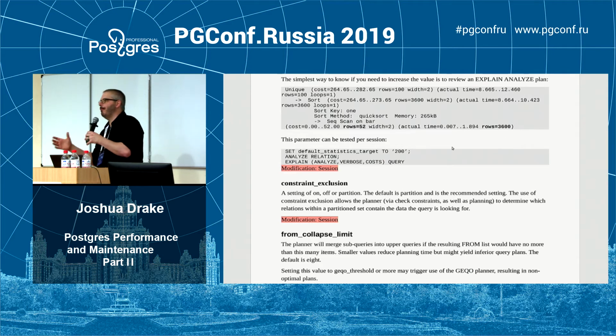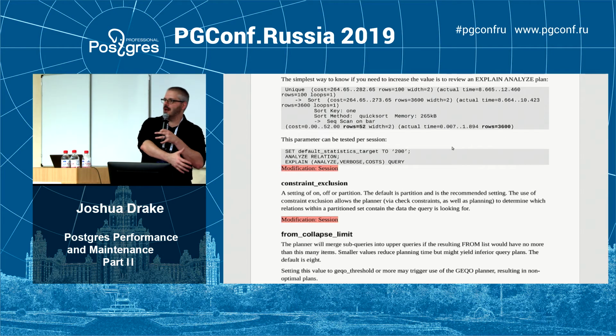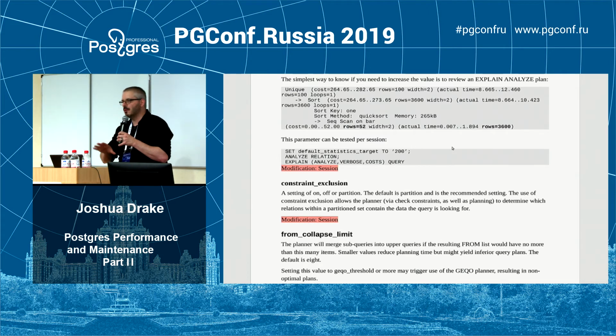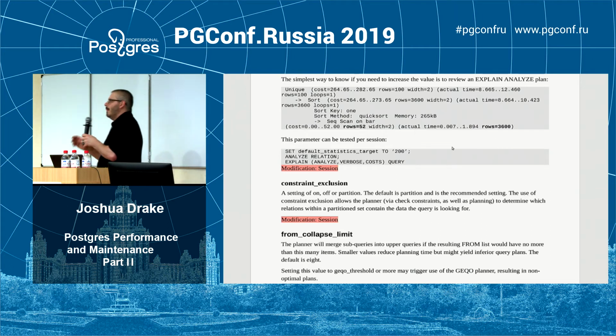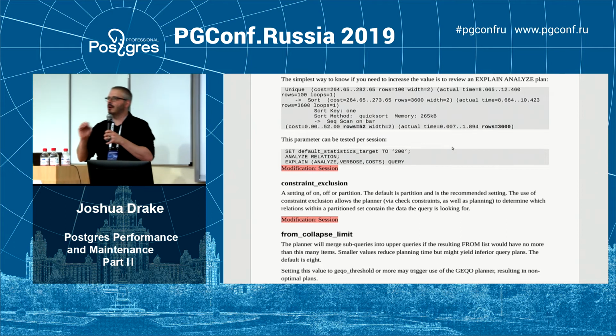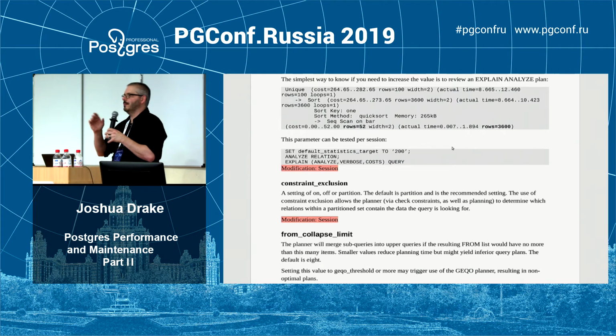So you don't have to bulk out your pg_statistic table with a bunch of unnecessary statistics. As a general rule, I wouldn't recommend it, but there are definitely times, especially with larger data sets, where you might want to do that with just one column within a particular table.